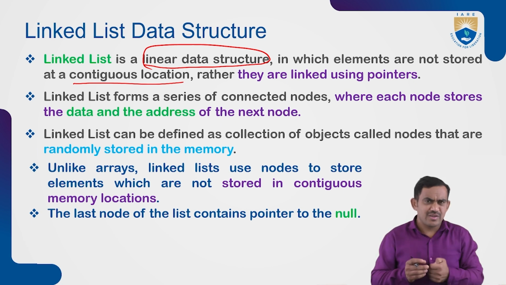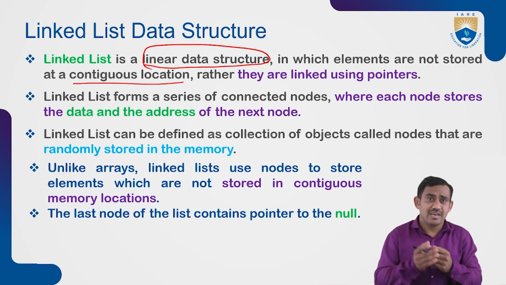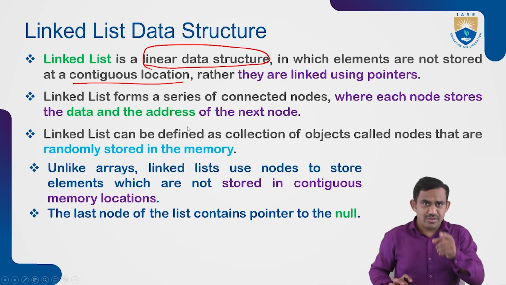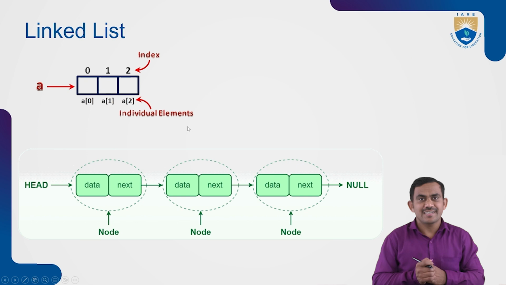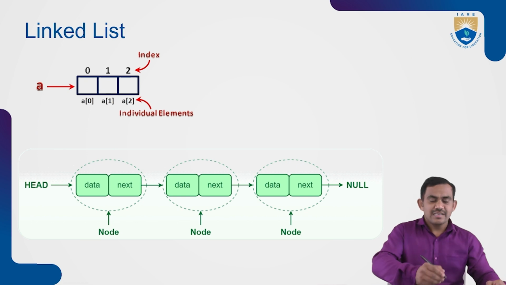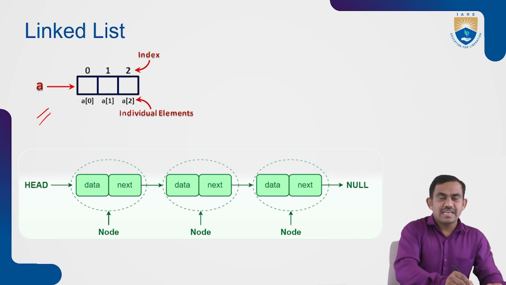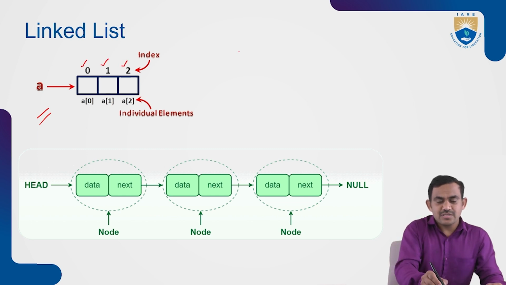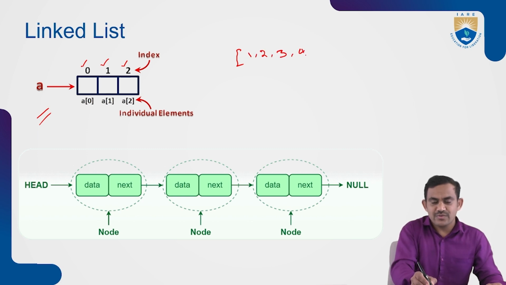So we'll check them one by one. What is the main basic idea about both? Before going to the theory, I want to discuss this main idea. Coming to list, you can see here that a list depends upon indexes: 0th index, 1st index, 2nd index. Suppose this is my list, with 1, 2, 3, 4, 5 as different values.